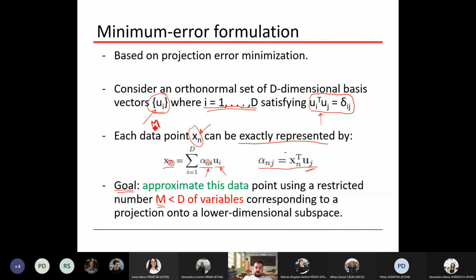So the purpose is to use m such basis vectors to represent approximately this value of xn. The m variables that we'll be using correspond to the projection of the data set onto a lower dimensional subspace called the principal subspace.